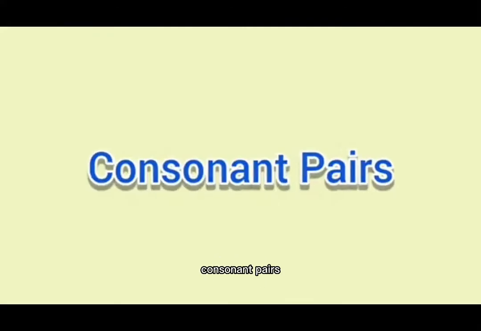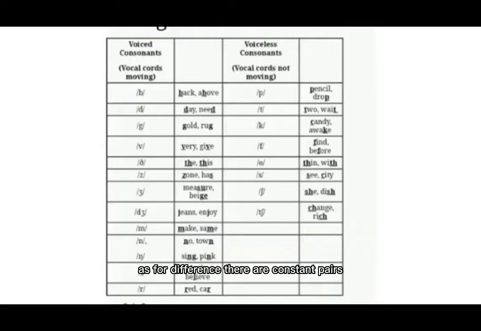Consonant pairs. Some consonant pairs are called voiced and voiceless. You can see in the table, there are B and P. B is voiced and P is voiceless. Examples: back, above, pencil and drop.